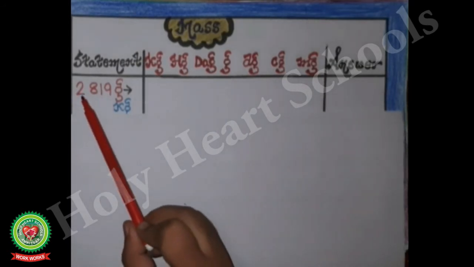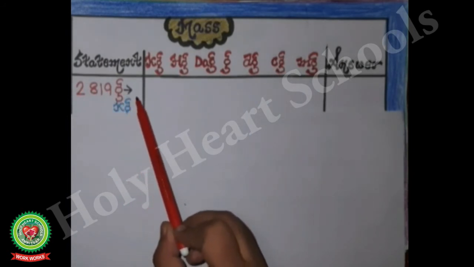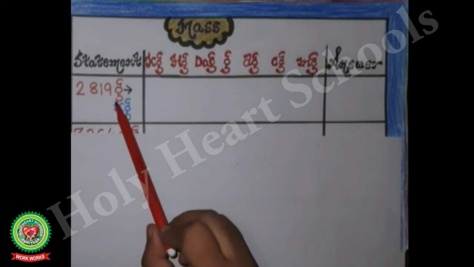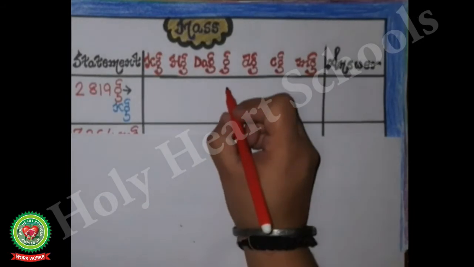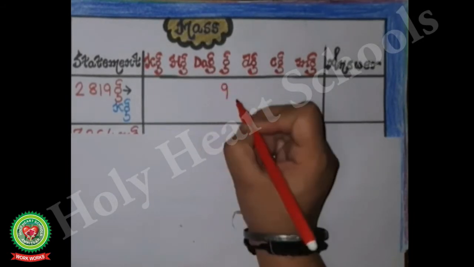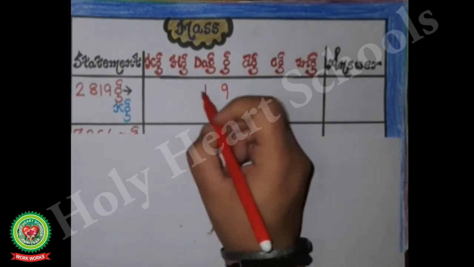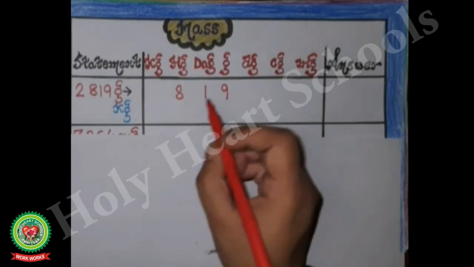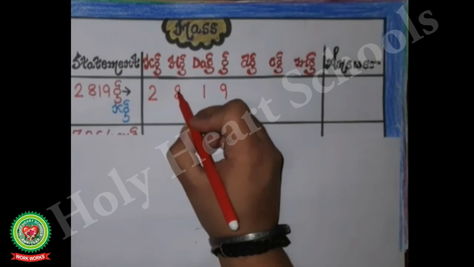Example number 1. 2819 grams, and convert it into kilograms. Now, the statement is given in grams. Let's arrange the numbers. 9 under grams, 1 under decagrams, 8 under hectograms, 2 under kilograms.